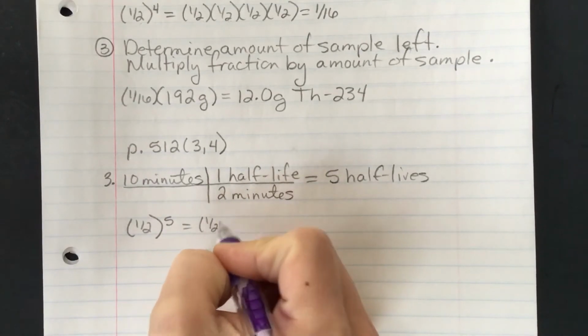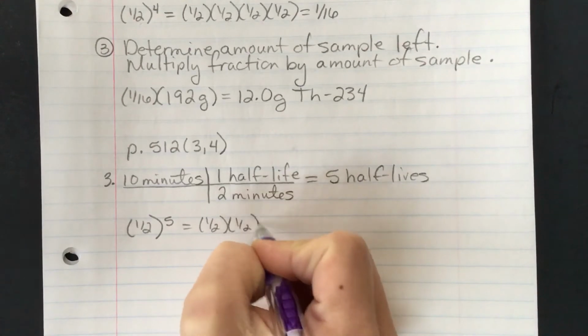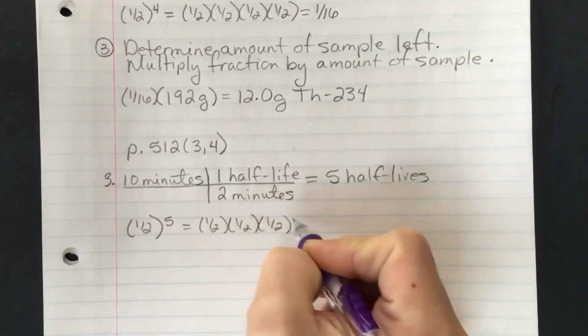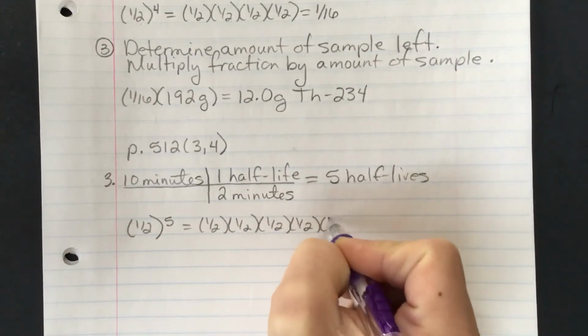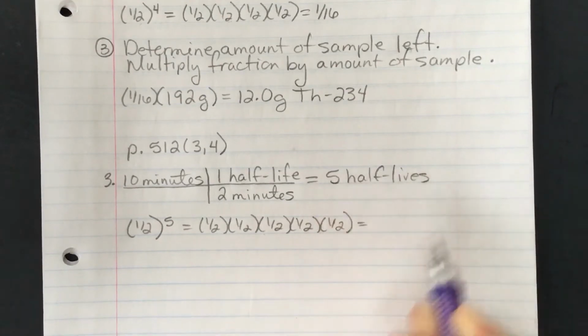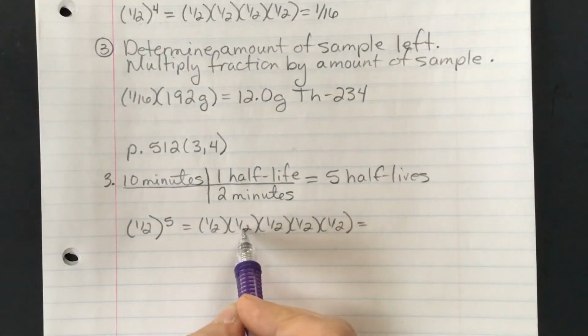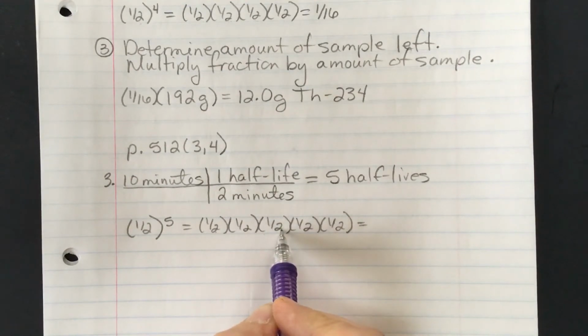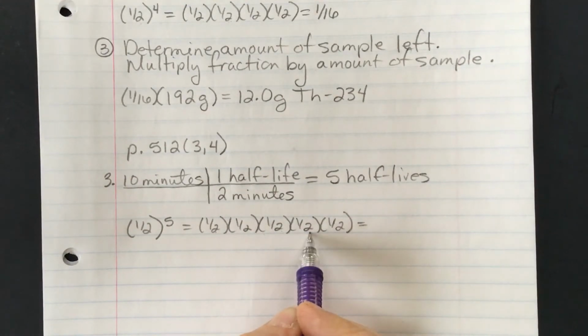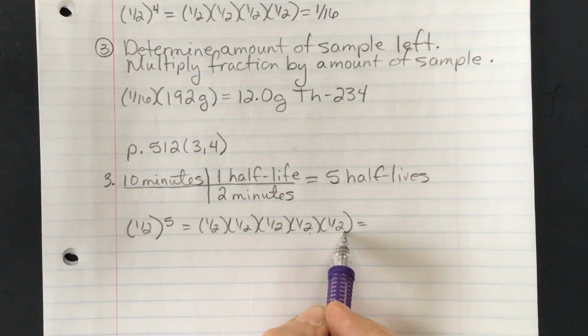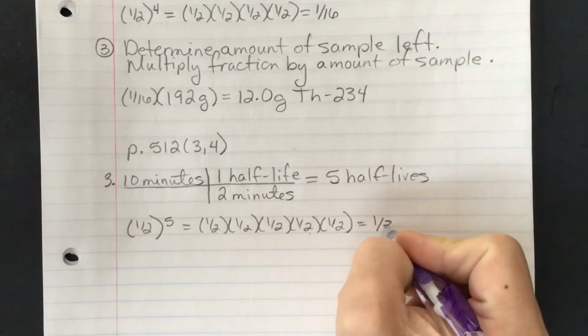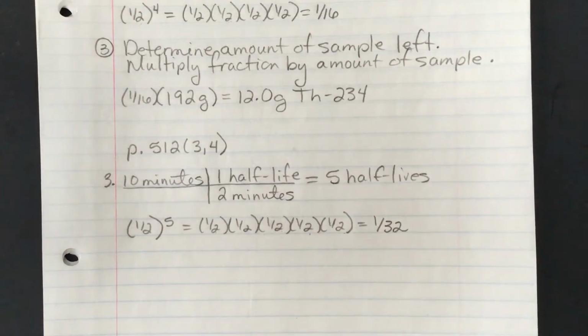This means 1/2 times 1/2 times 1/2 times 1/2 times 1/2. So when we multiply that together, it's 2 times 2 is 4, 4 times 2 is 8, 8 times 2 is 16, and 16 times 2 is 32. So we have 1/32 of the sample left.